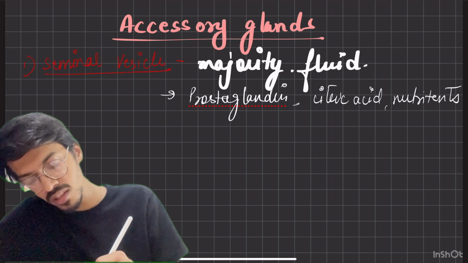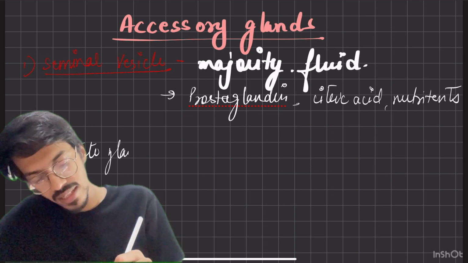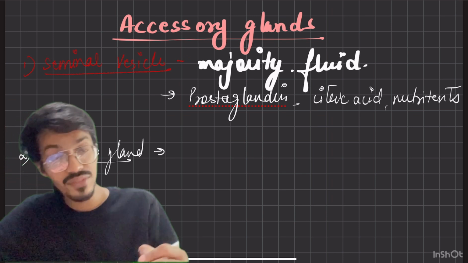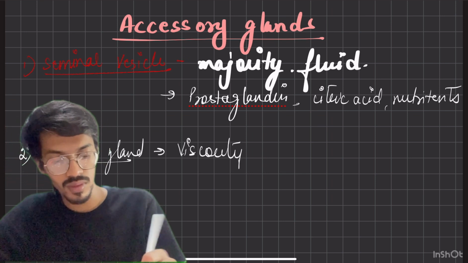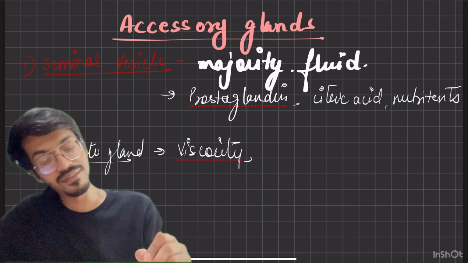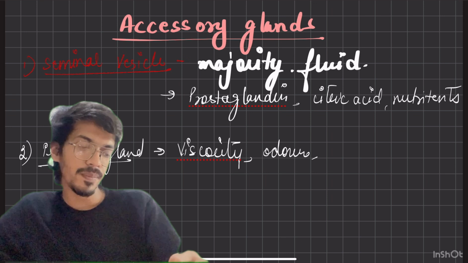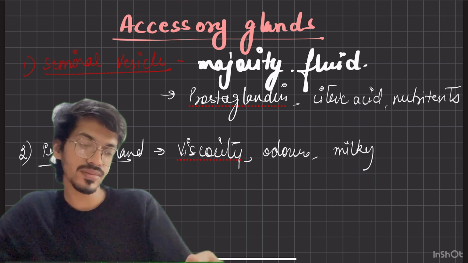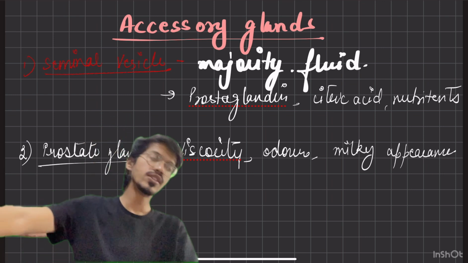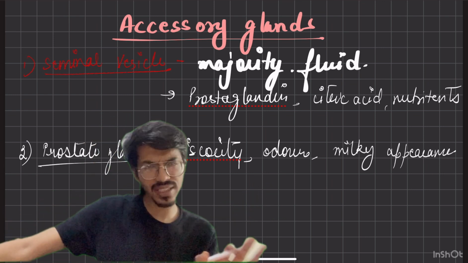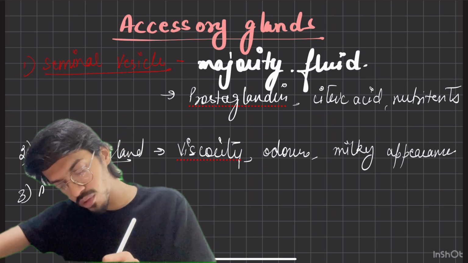Then we have the prostate gland. Now the prostate gland gives viscosity. Along with that, it gives the characteristic odor and the milky appearance. Okay, so this is the prostate gland, along with other things that are provided. Next, the third thing is the bulbourethral gland.